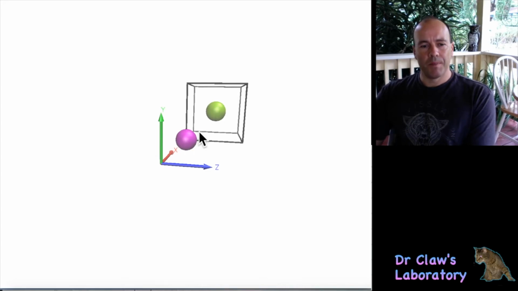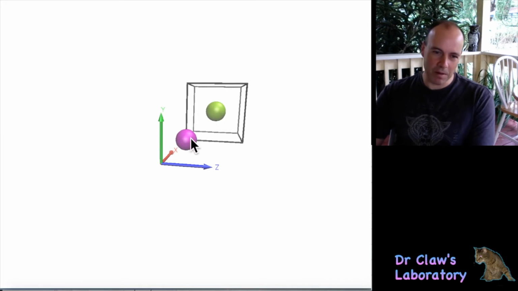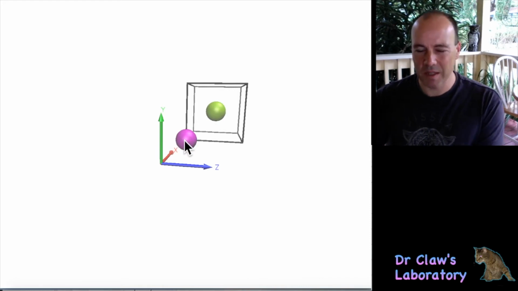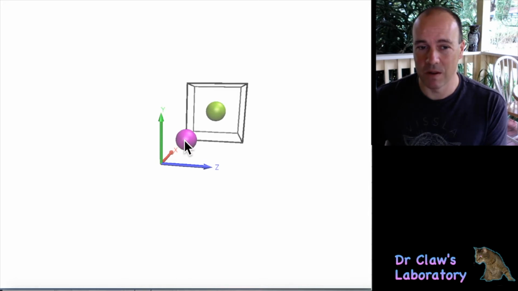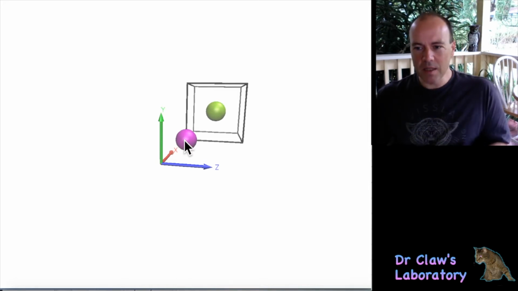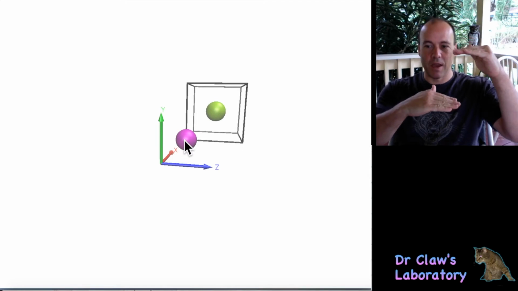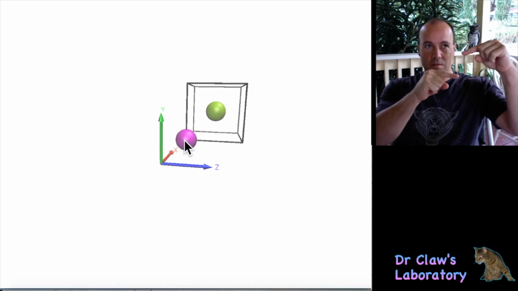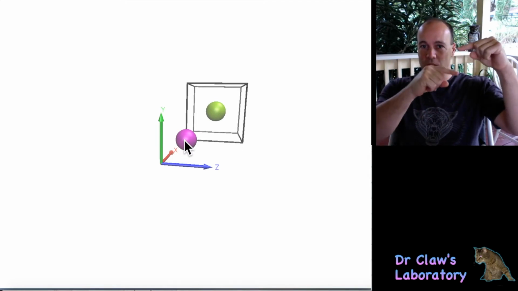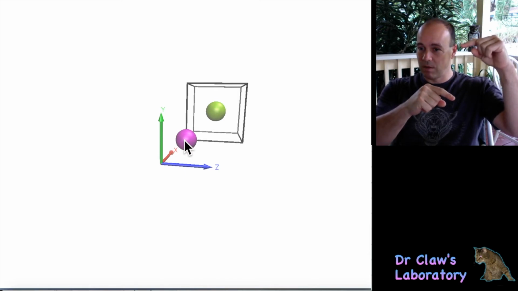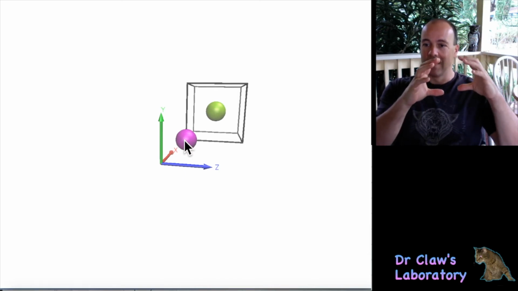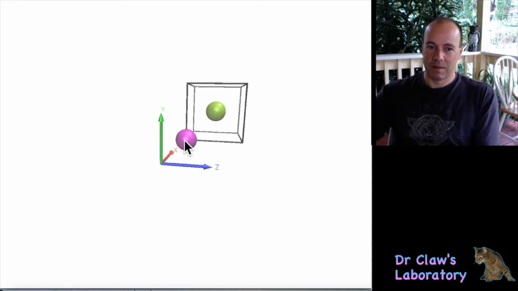But I would have to do a little bit more research to figure out, is cesium actually bigger than the chloride, or is chloride bigger than the cesium, or are they kind of the same size? I really don't know. Because cesium, if you look at the periodic table, it's pretty far down there. Okay, it's several positions below sodium, and so although it's a cation, it's probably pretty big.